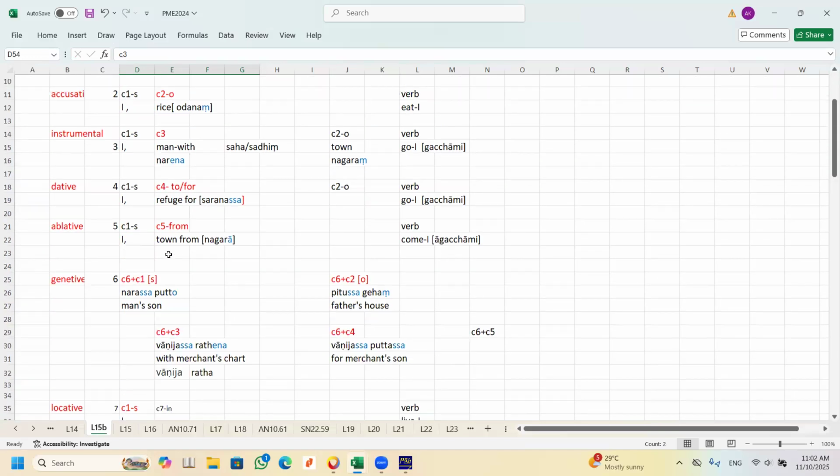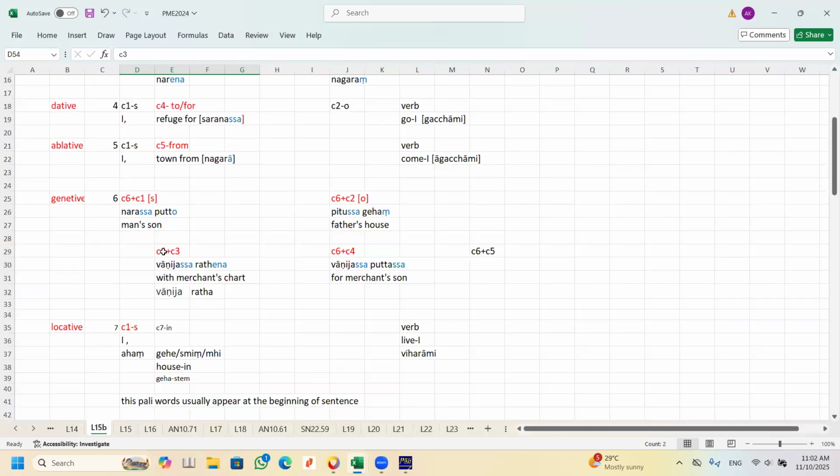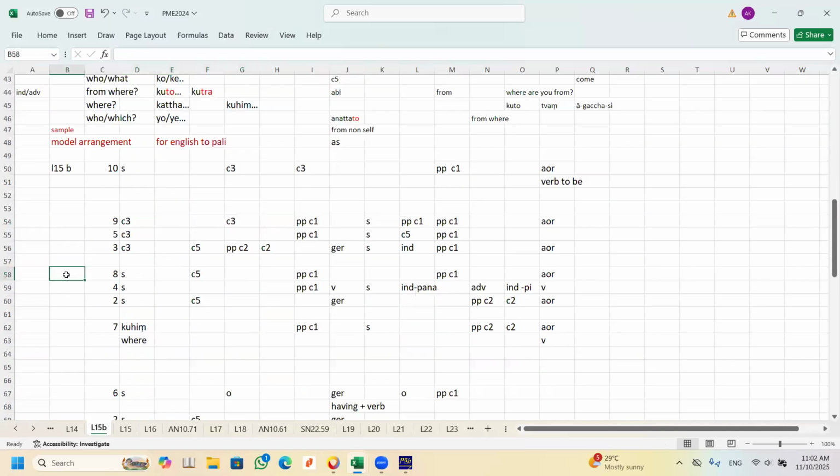So that means I already told you the arrangement. If there is an object, it will be behind. That means this has to be in front, preceding this one, because the Pali structure is like that. And then the subject, normally it can be here. But why do you put this in front? Because this is going to be a passive. So the past participle here is an adjective to this.